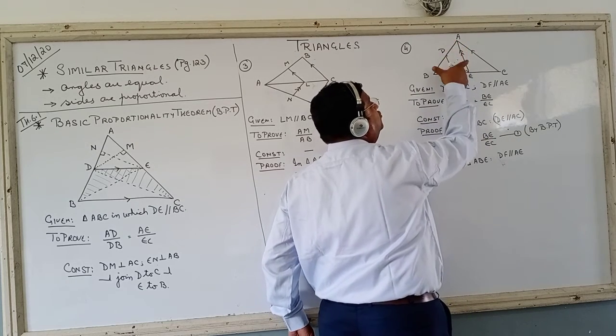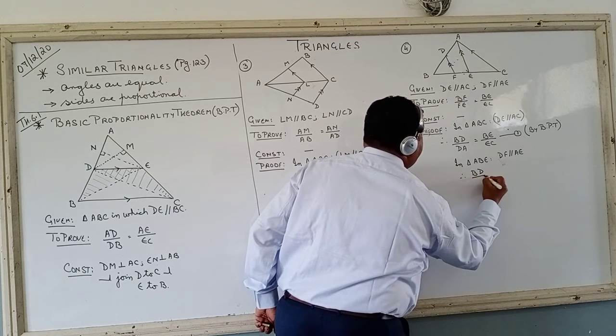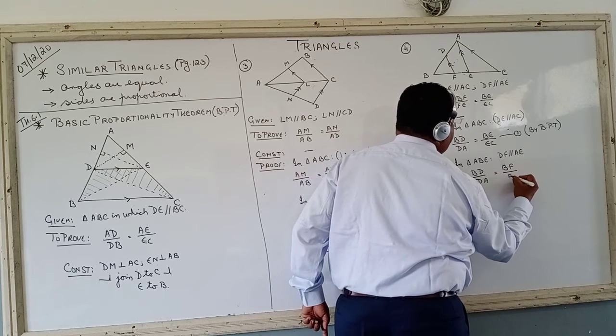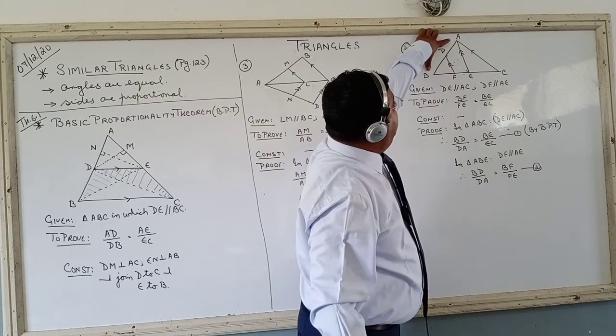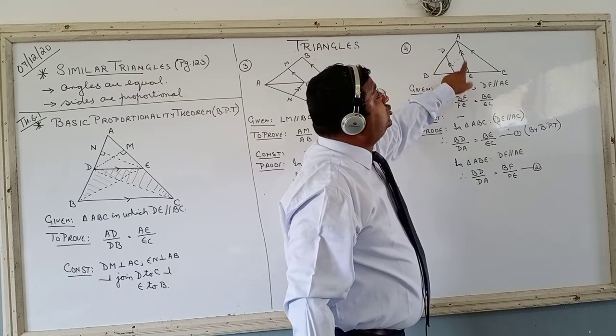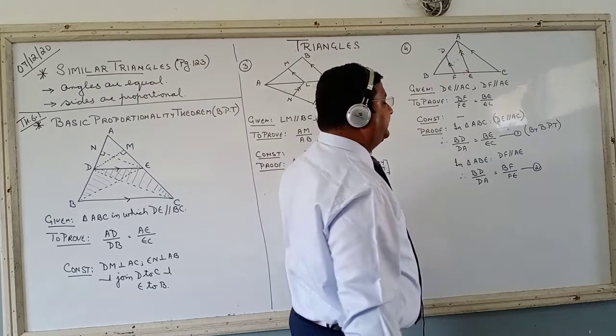So are the other two sides in the same ratio? So therefore, BD upon DA equals BF upon FE. Equation number second. BA and BE, two sides are divided in the same ratio. Why? Because DF was parallel to AE.